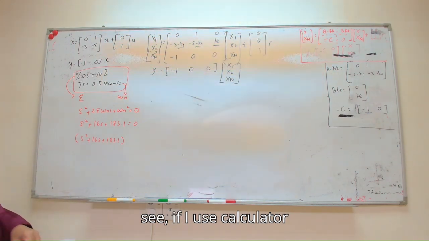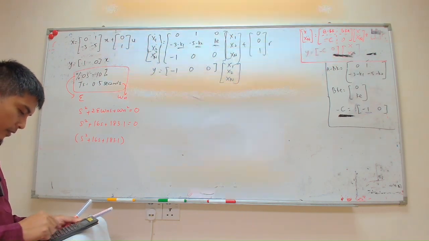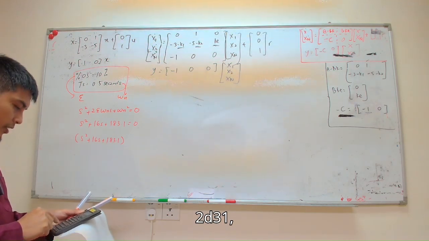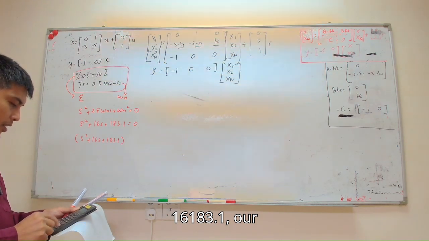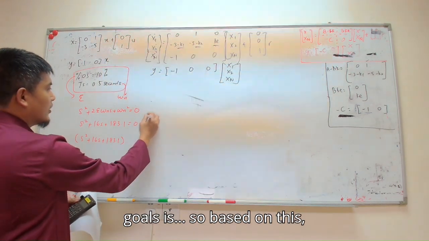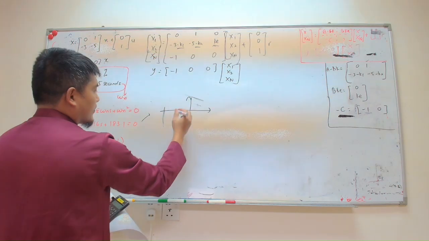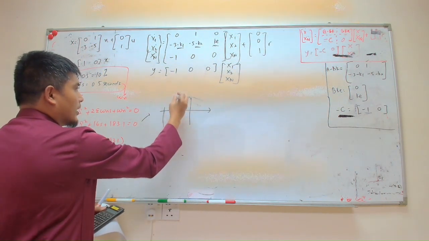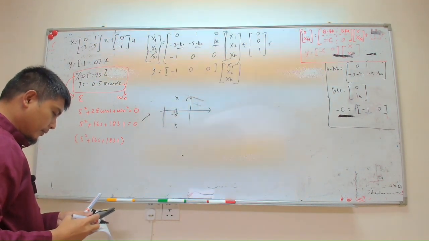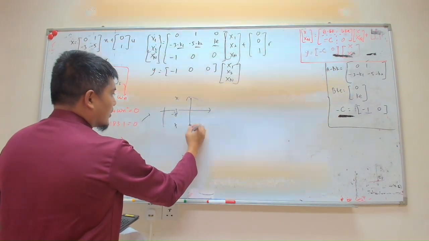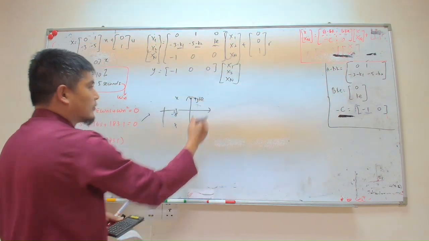Let's say if I use the calculator, solving the equation of degree 2 with coefficients 1, 16, 183.1, our poles are at negative 8 minus j10 and here is positive j10.